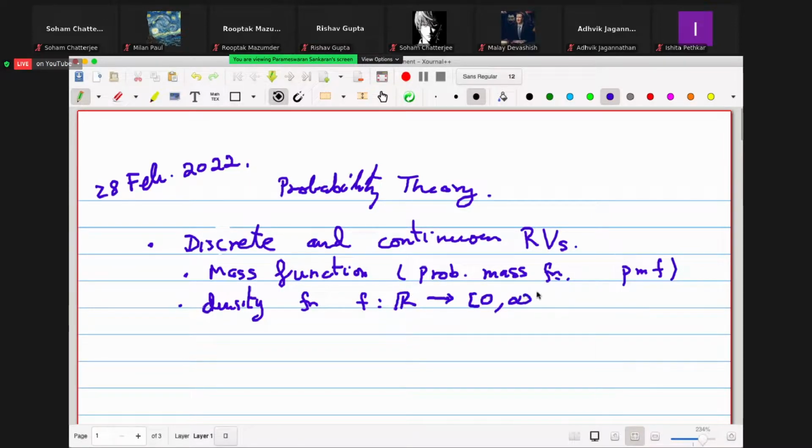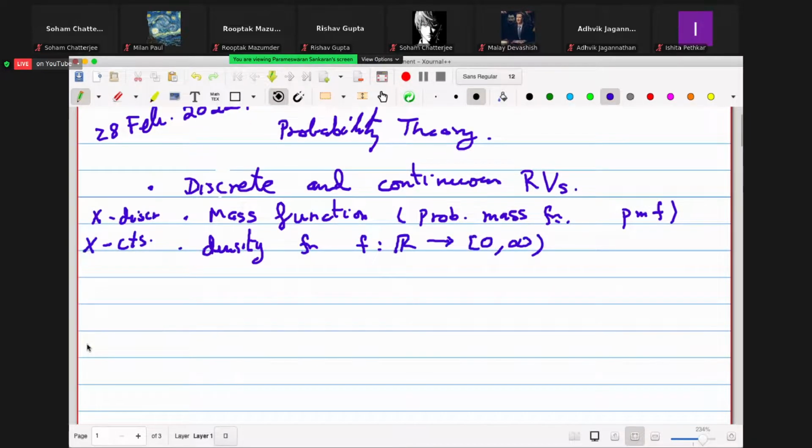This is for discrete, and this is for x continuous. In my definition, I just said that the mass function is defined only for values x1 through xn. But you can just define it more generally.